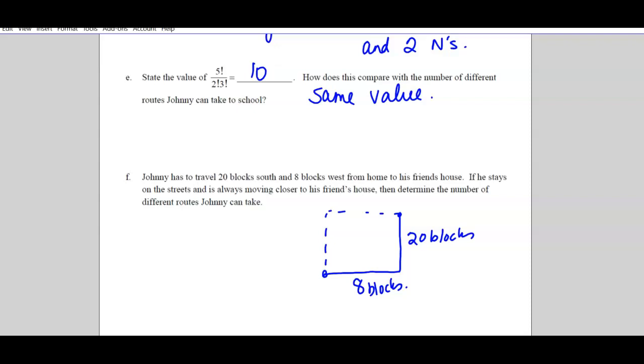So this dimension, this would be 20 S's if we did each block being an S in the south direction, and it would be 8 W's. So in total, it would be 28 blocks or letters that we have to arrange, but there's a whole bunch of repeats. 8 are west and 20 are south. That would be the number of arrangements, or number of pathways.